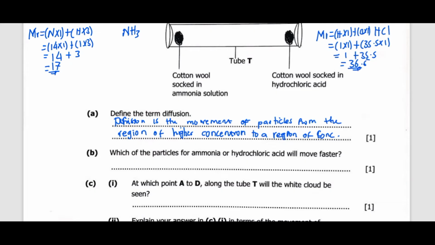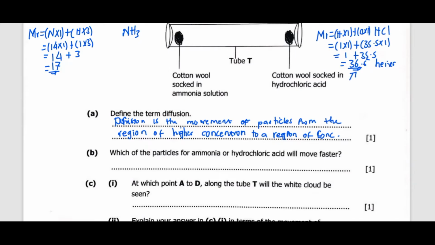So these two numbers show that we have two gases with different molecular weight. What this means is hydrochloric acid is heavier than ammonia because its weight is greater than ammonia.